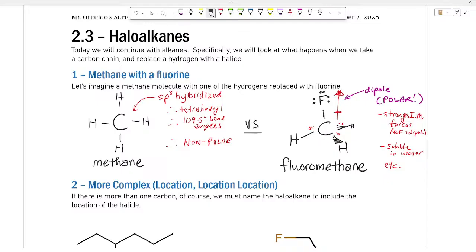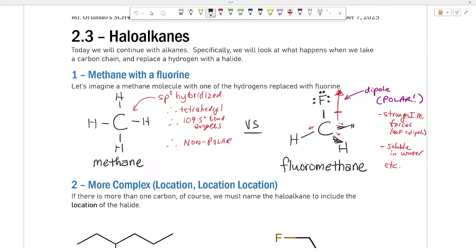Of course, I didn't need to tell you anything about the location of it when I called it fluoromethane, because if I make fluoromethane, where can the fluoro go? It can only go on the carbon, right? And does it make any difference which of those bonds it goes on? No, because that molecule is completely transposable, right? You can rotate it into shape. So there's no need to think of that as being a bunch of different possible things.